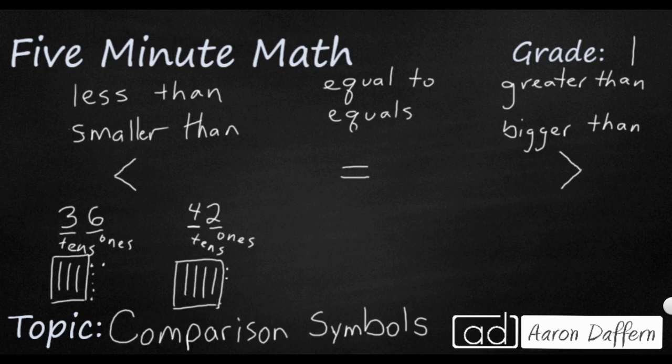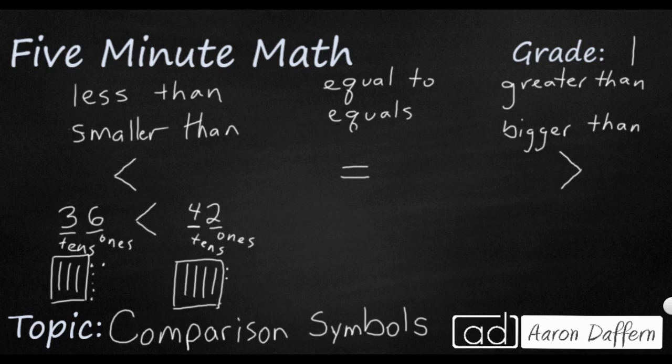Well, you're going to read this left to right. So 36, is 36 less than 42, or is 36 greater than 42? Well, we already said that 42 is the bigger one, so 36 is going to be less than 42. You read from left to right, so we're going to use this less than symbol.